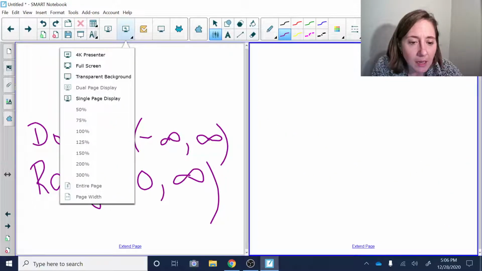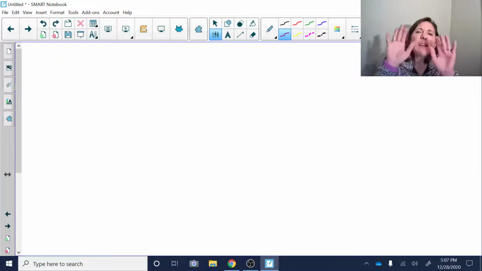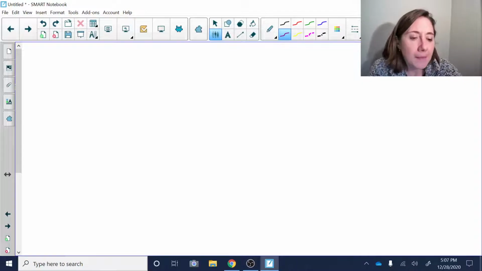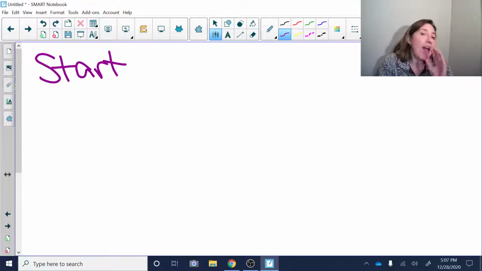Let's say we were going to look at the number of germs on your hand. Germs have been a big thing lately. So let's say you start out with just 5 germs left on your hand after you washed your hands. You did pretty good, but probably can't get every single germ off.